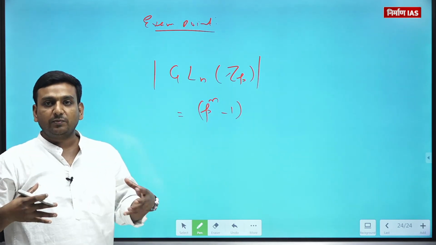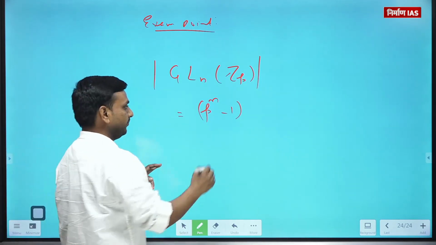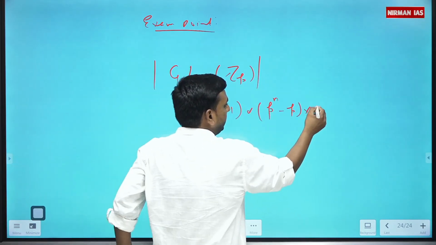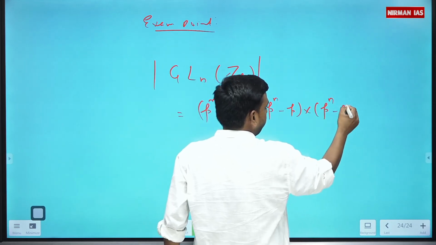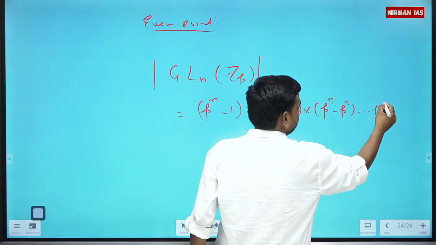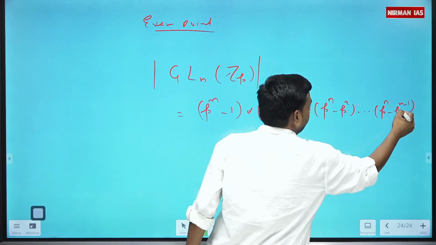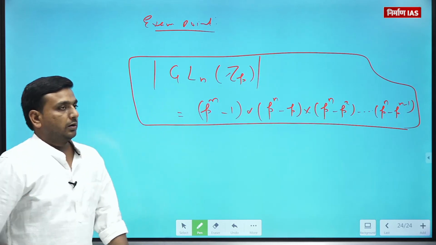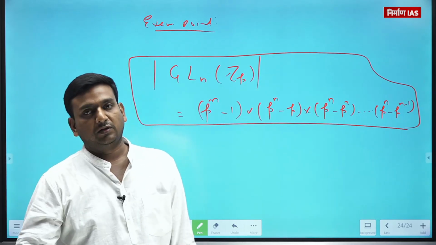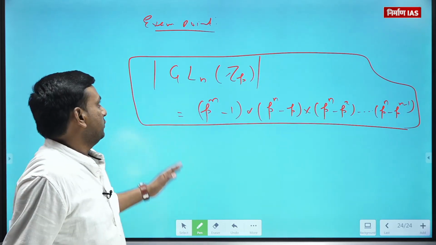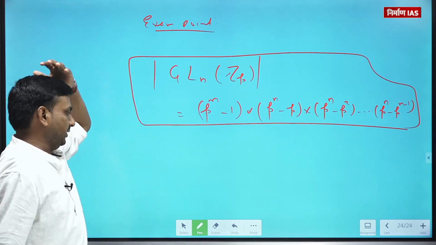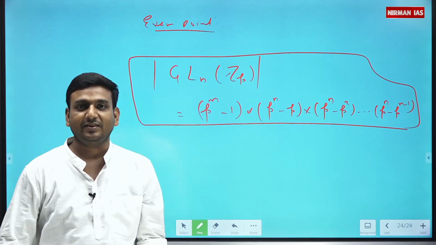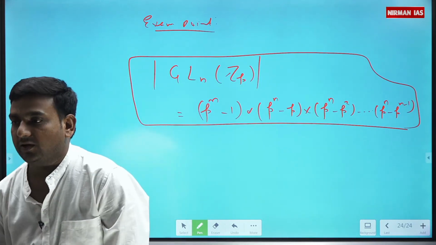It means the number of possible elements in the first row, into the second row, into the third row, into the last row. So this is the point you can remember. Somewhere you can use this. The field structure also we will use this. So please try to remember this form. This is all we have discussed. Is that fine?